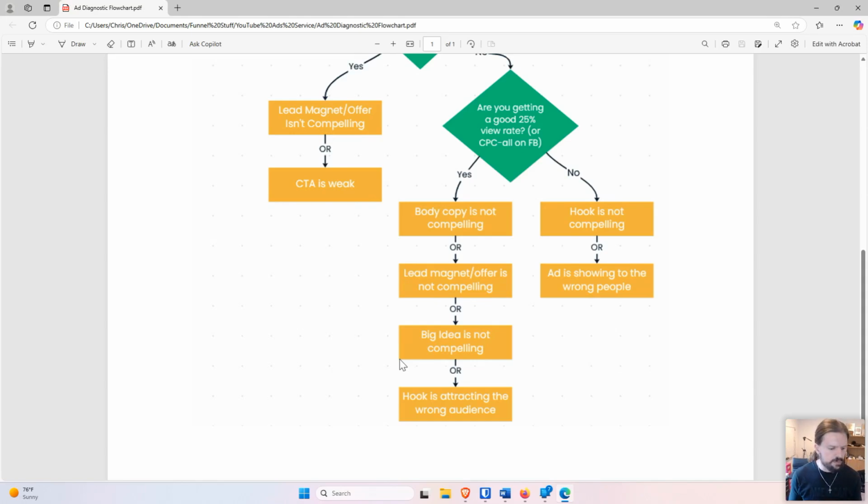And so rather than throwing out the baby with the bathwater and assuming the whole thing doesn't work, it would be much better to salvage what's working and just tweak that a little bit, because then you can get your ads working with much less effort. That's a big idea. Here's the whole rationale behind the thing. It's kind of like the big domino that Russell Brunson talks about. It's the function that you are selling.